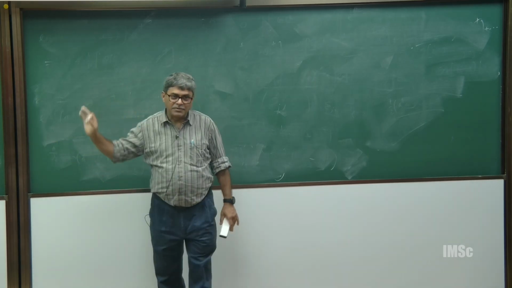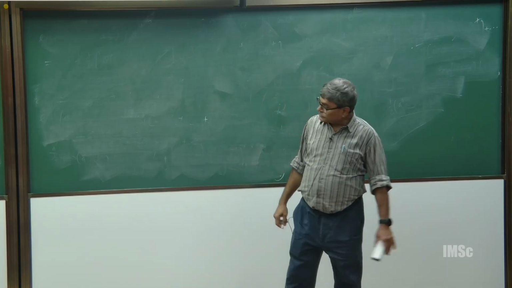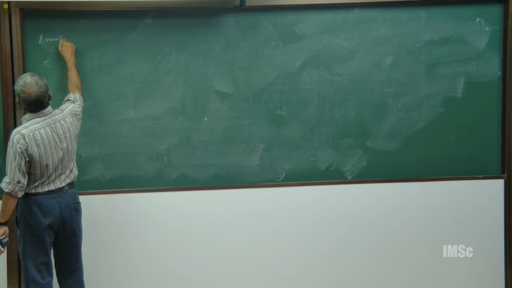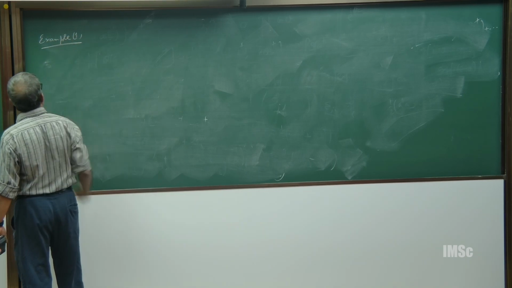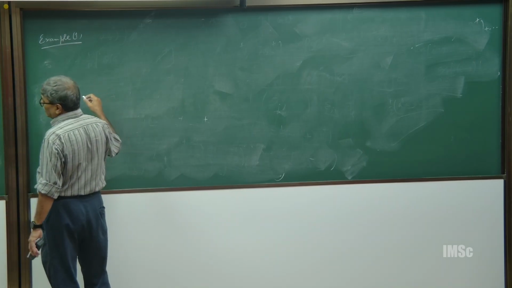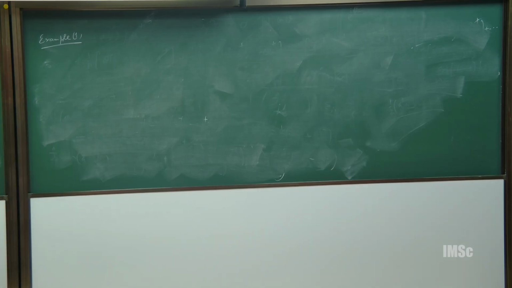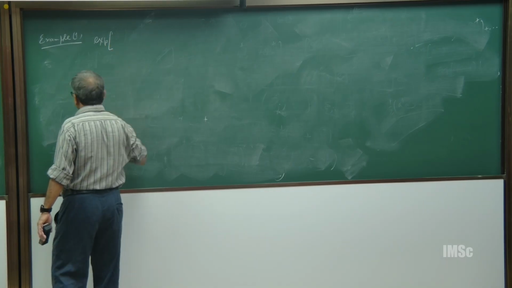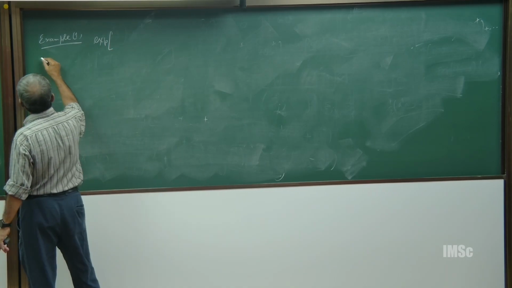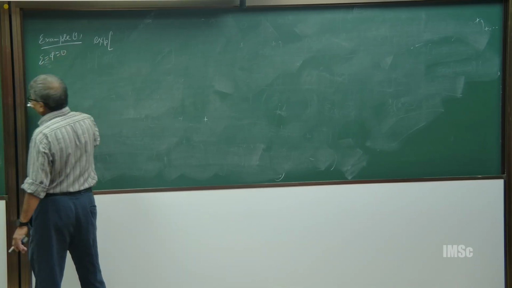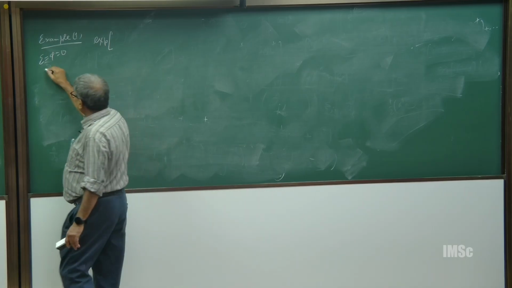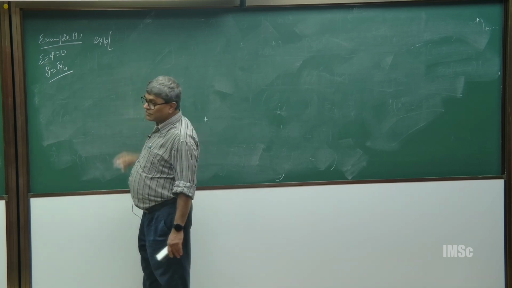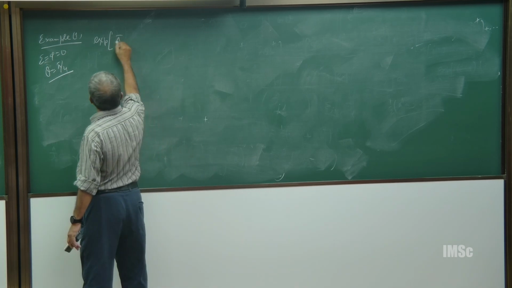Let me give you an example, then perhaps things will be clear. So, I will take epsilon equal to phi equal to 0, which I have already taken, and I also take theta equal to pi by 4 for this example.